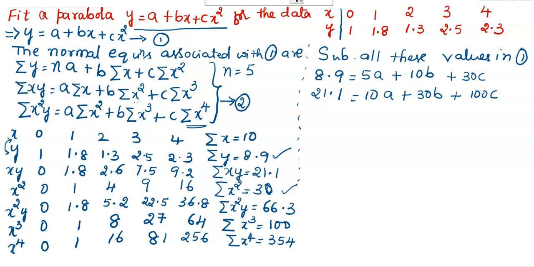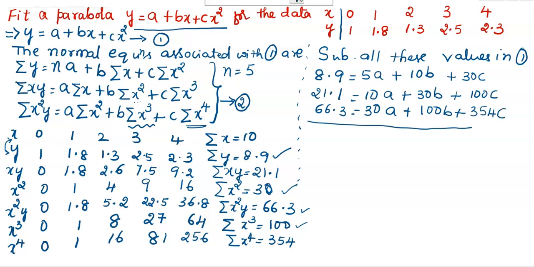It is 66.3, equal to summation x square, which is 30, so 30 into a, plus summation x cube, which is 100, so 100 into b, plus what's the summation of x to the power of 4? It is 354, 354 into c.